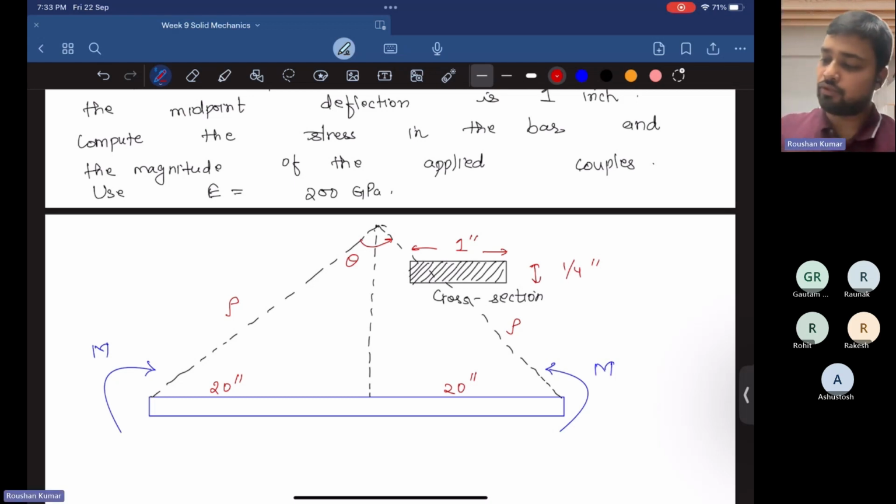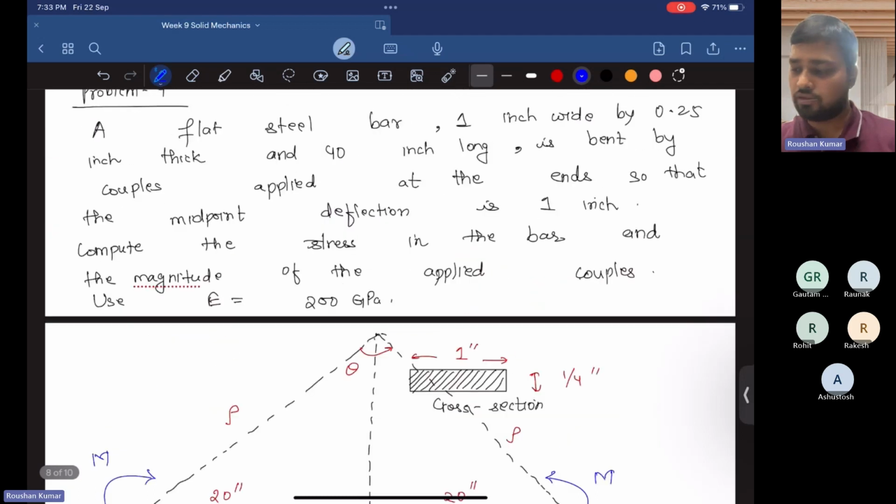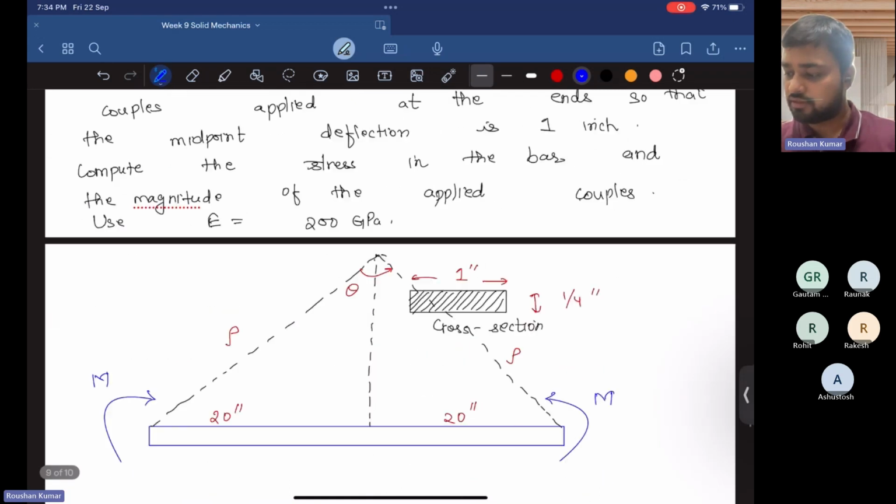I am repeating the question one more time. A flat steel bar which is 1 inch wide by 0.25 inch thick and 40 inch long is bent by couples applied at the ends so that the midpoint deflection is 1 inch.